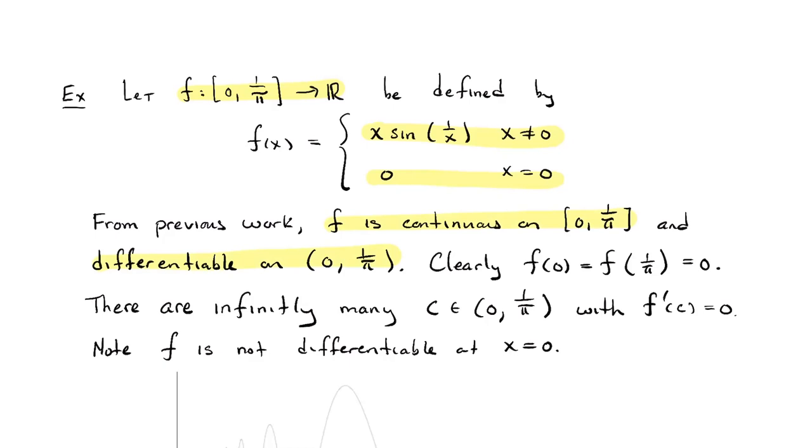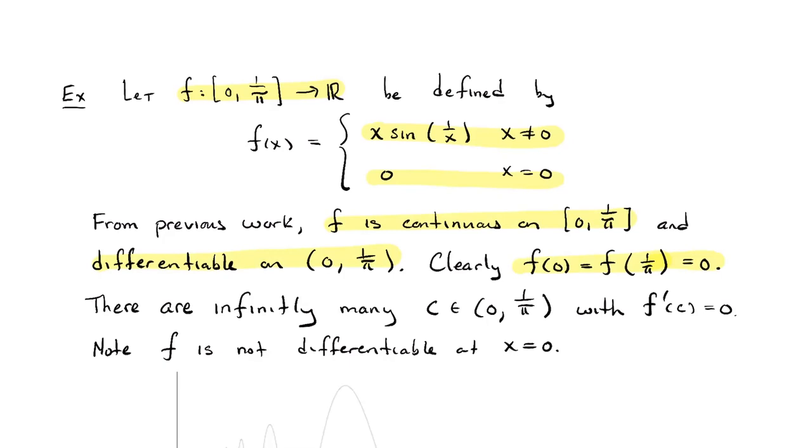You can check that the values at the two endpoints are 0. f of 0 is 0 by definition, and f of 1 over pi is also 0, because it's equal to 1 over pi times the sine of pi, which is 0.